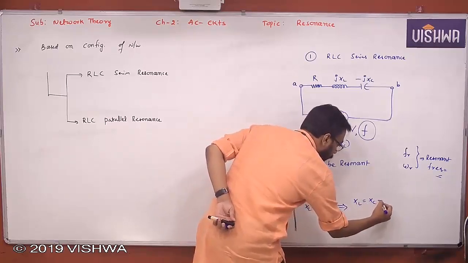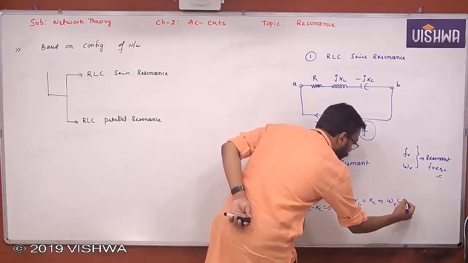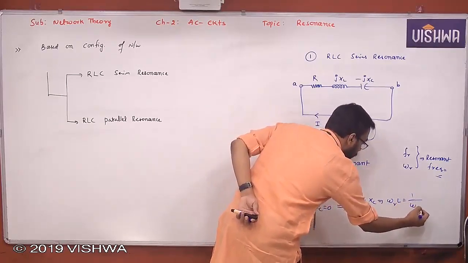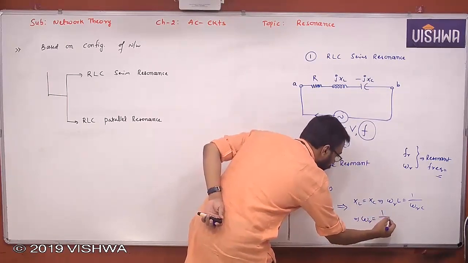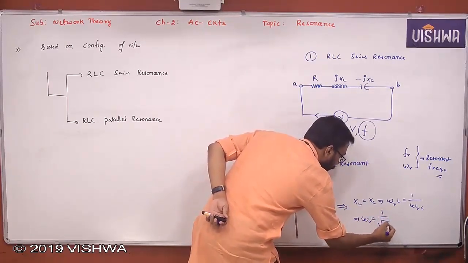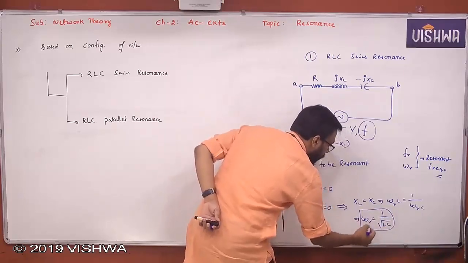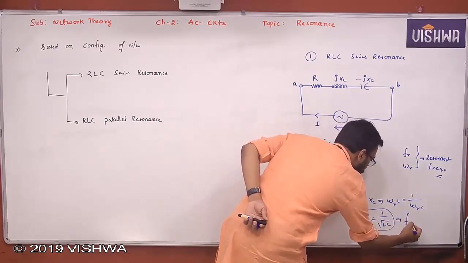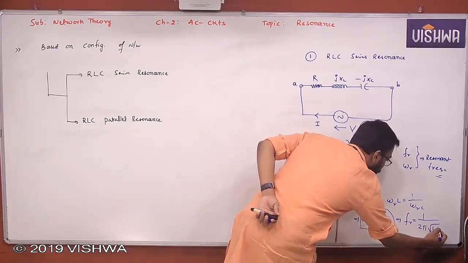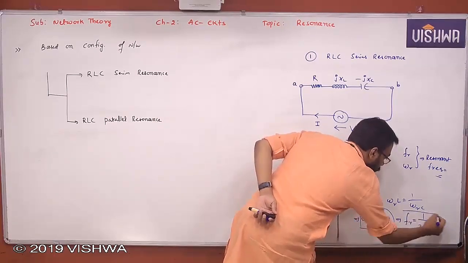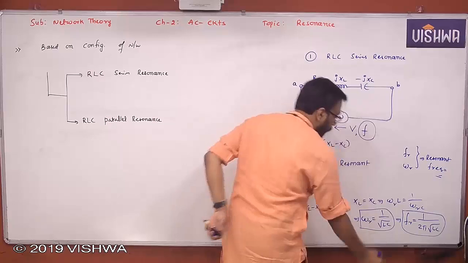So omega R L is equal to 1 by omega R C. From this, omega R is equal to 1 by root LC. Yes or no? From this, fR is equal to 1 by 2 pi root LC. Clear? This is in hertz and that is in radians per second.